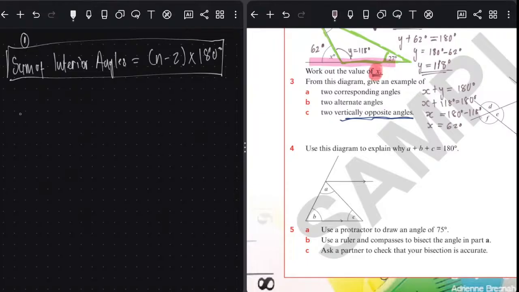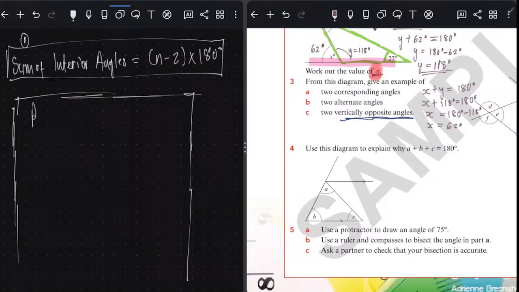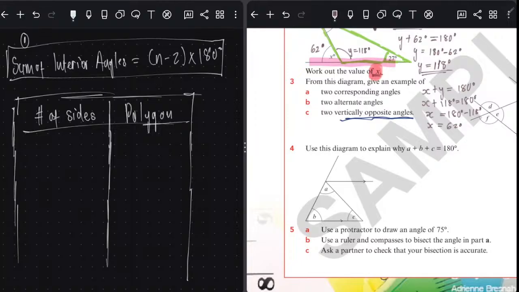Then I want you to make this table 10 times. Number of sides, then here you say the polygon. What does the word polygon mean?